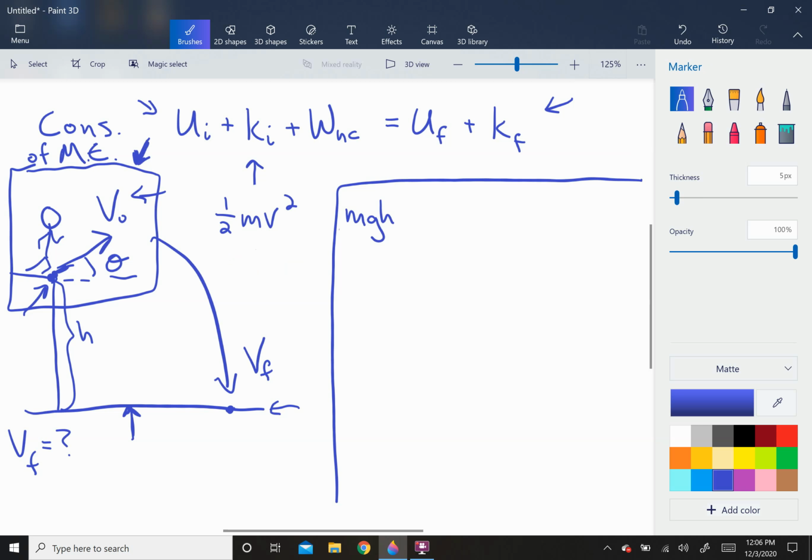And then I ask, is Jim Bob's center of mass moving? Is Jim Bob's center of mass flying through space here? Yes, it is. That's the whole point. He has this V0, his center of mass is moving. He's throwing his center of mass off the cliff. So I add 1/2 mv squared. And it's always 1/2 mv squared. In this case, it's V0, the initial velocity that he has. That's the definition of kinetic energy.